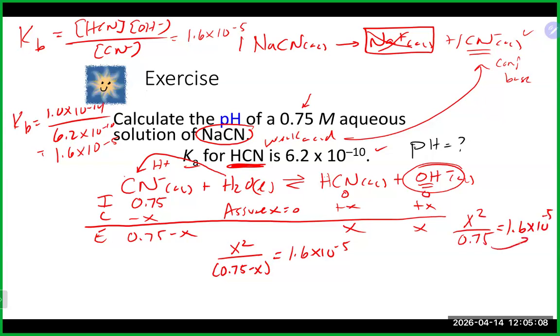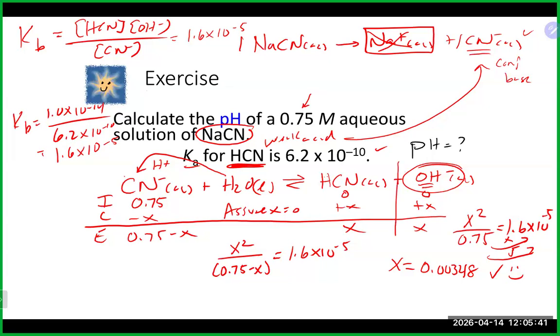Multiplying, followed by a square root. 1.6 times 10 to the minus 5 times 0.75, and a little square root action here, is going to get us an x value of 0.00348. We do want to check it, so we'll divide it by 0.75 and times it by 100. Got like 0.4%, so the check here is good.